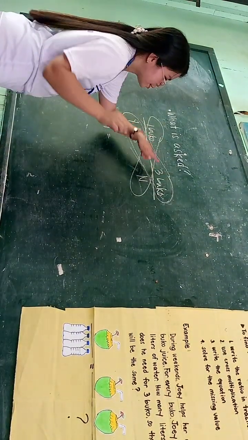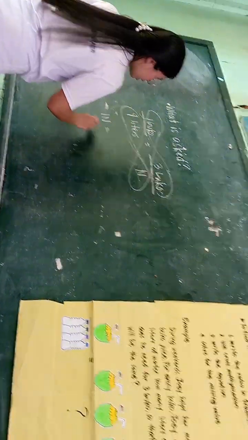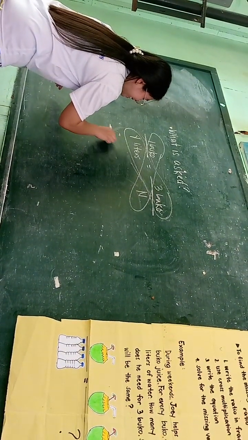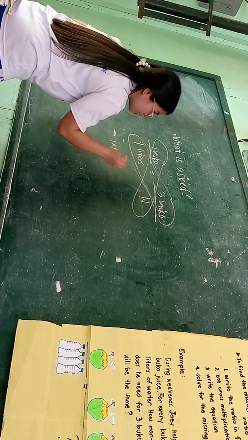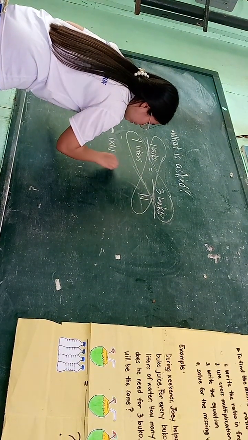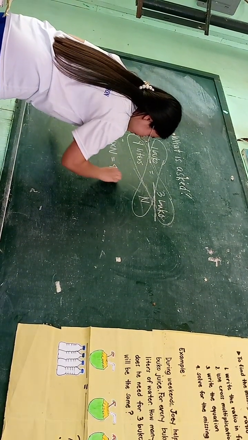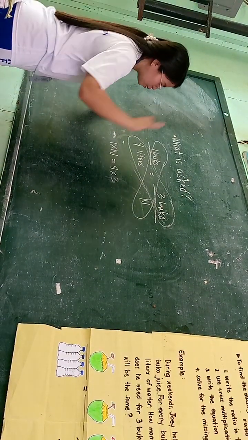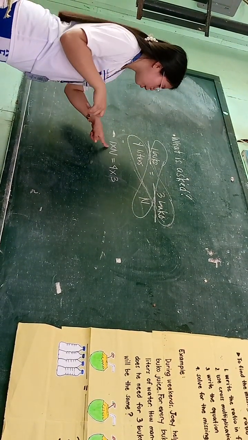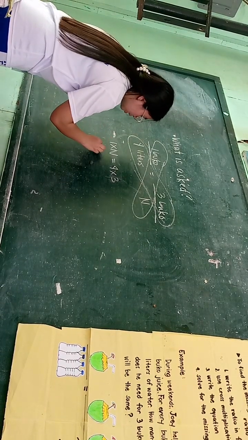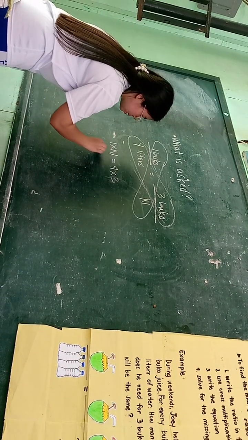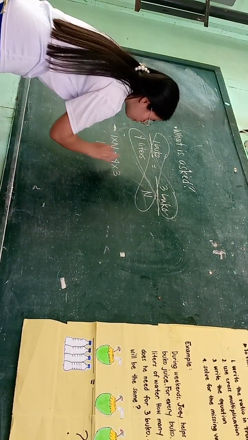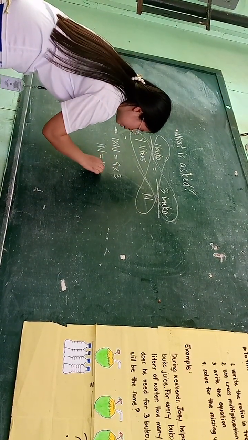Four letters, 12. So we multiply: 1 times n equals 1n, and 4 times 3 is 12.